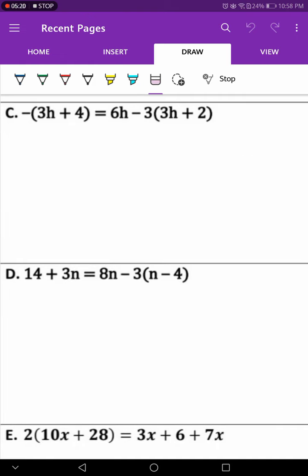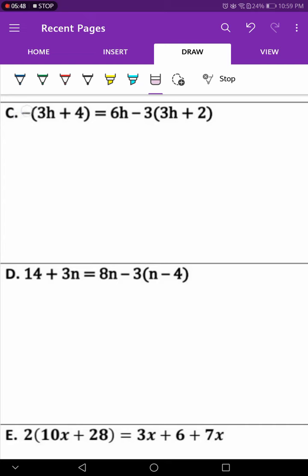Use the distributive property. So now, here I have a negative sign, see? I will consider this negative sign as -1, and the -1 will multiply by 3h and the +4, so it just inverts the sign for the terms inside the parentheses.